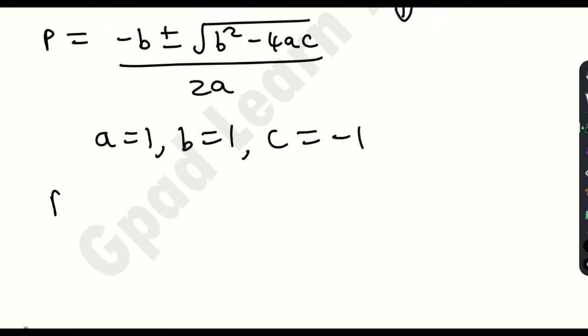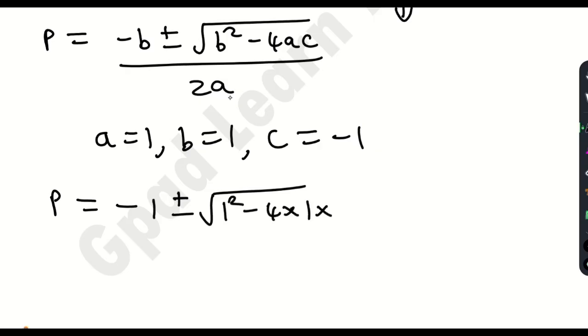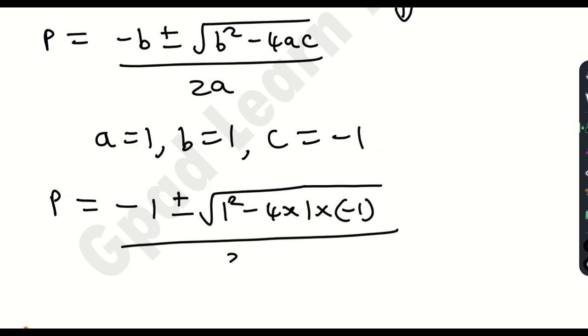Let's do that. So p is equal to minus b from here. Remember, b is 1. So minus 1 plus or minus the square root of b squared, that's 1 squared, minus 4ac, that's 4 times a is 1, and c is negative 1, all over 2a, that's 2 times a is 1.